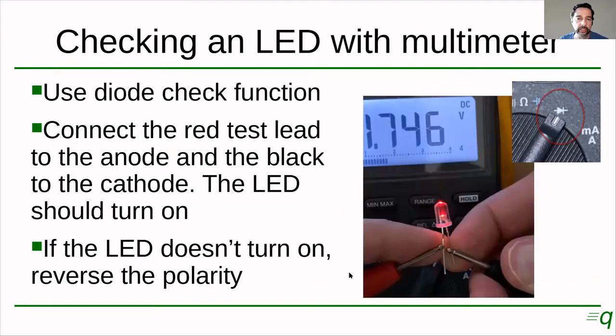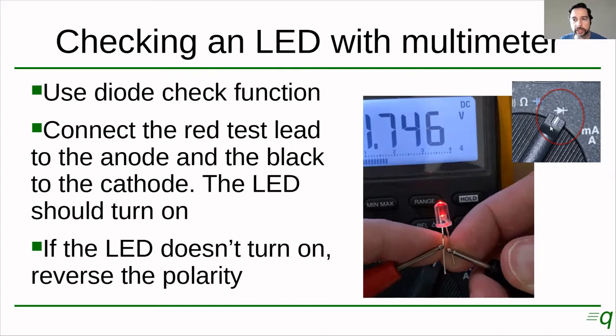All right. So let's see how we can check an LED with a multimeter, right? So we have an LED, and we want to know if an LED is good, if it turns on. And we also want to check which one is the positive or the anode and which one is the cathode. So all multimeters have a diode check function like this one, right?